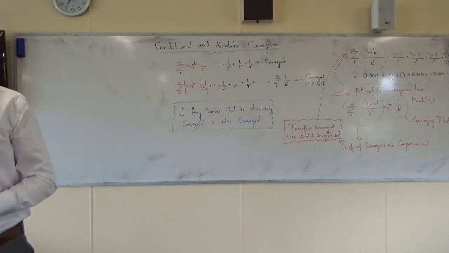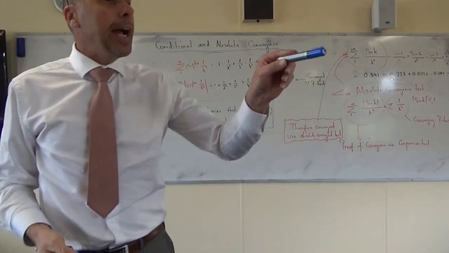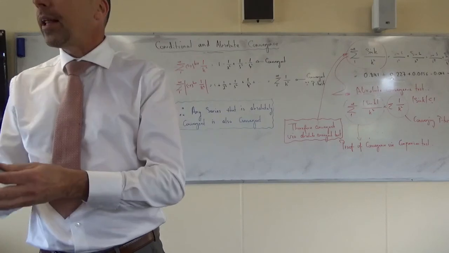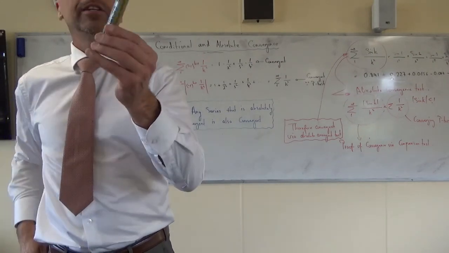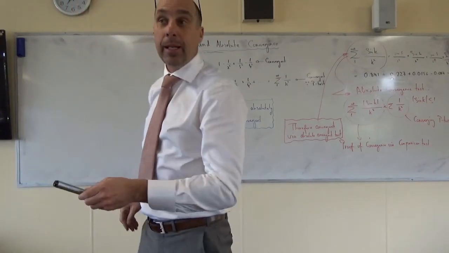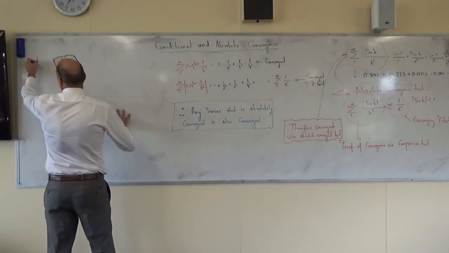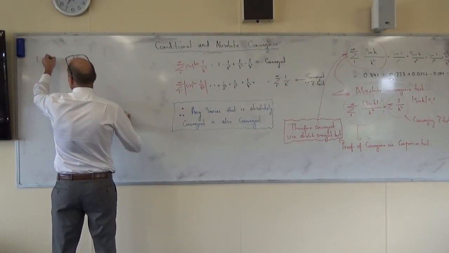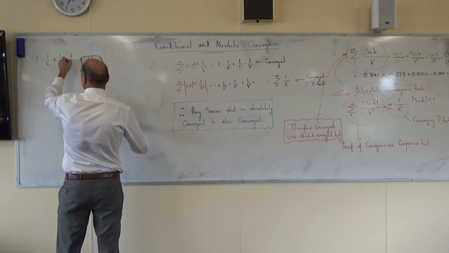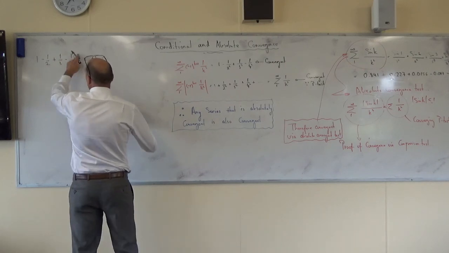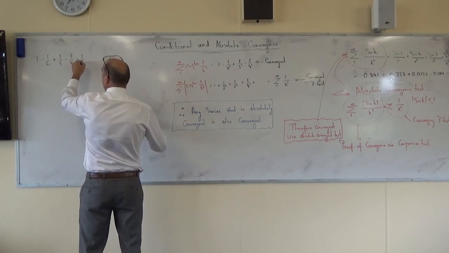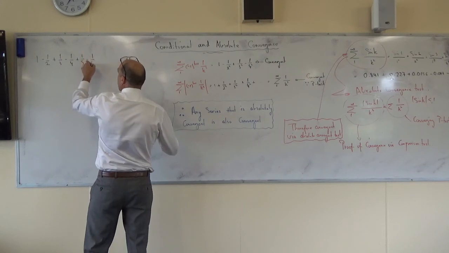Are we ready? Can I show you something really interesting? Quickly, I've got to move on. Let's take a conditionally convergent series. Are you ready? Let's go. 1 minus a half plus 1/3 minus a quarter plus 1/5 minus 1/6. Is that right?